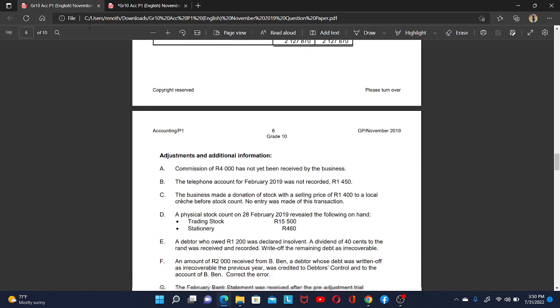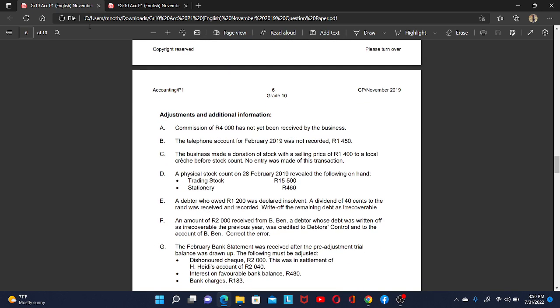Okay, and then they are saying a debtor who owed 1,200 was declared insolvent. A dividend of 40 cents in the rand was received and recorded. Write off the remaining balance as irrecoverable.